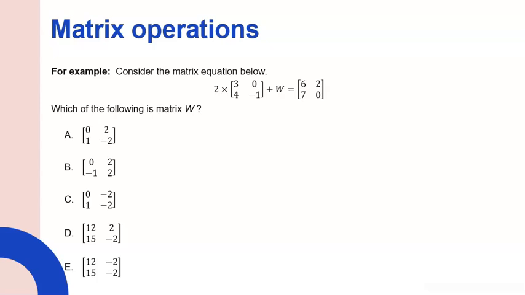So here I've got a matrix equation, but instead of a matrix here, W, I've got just a space filler. I need to work out what that matrix must be. So firstly, because I'm being told I can add it, and it is equal to what's on the right-hand side, W must be a 2 by 2 matrix. So I do know I'm going to have something that is 2 rows and 2 columns.